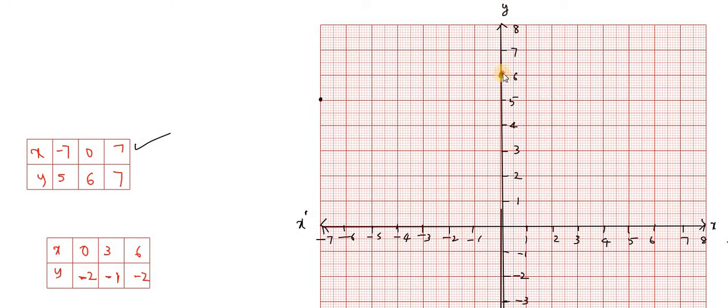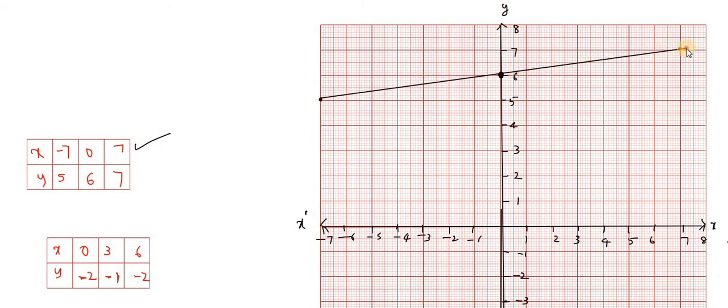Next, 7 comma 7, so here it is 7, and going up, here also it is 7. Now take the scale and draw a straight line. This is the graph.